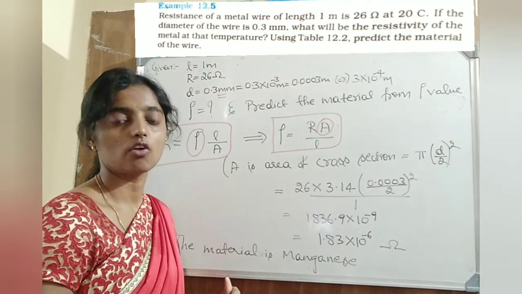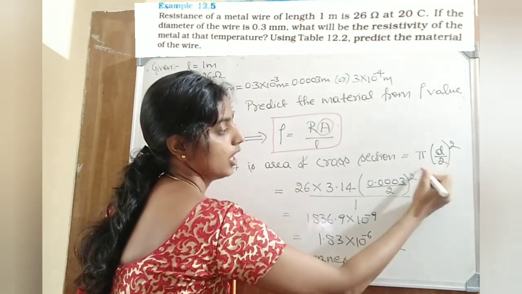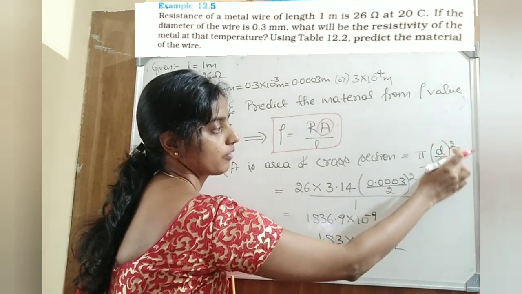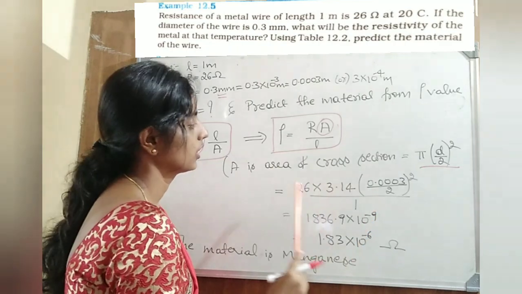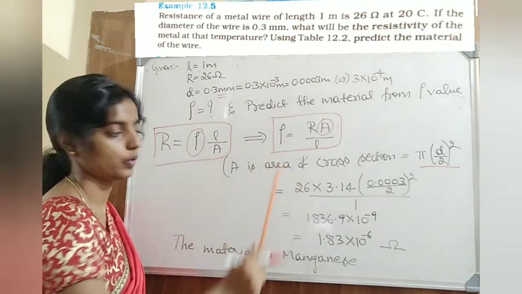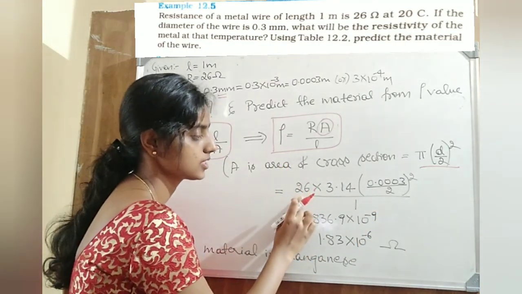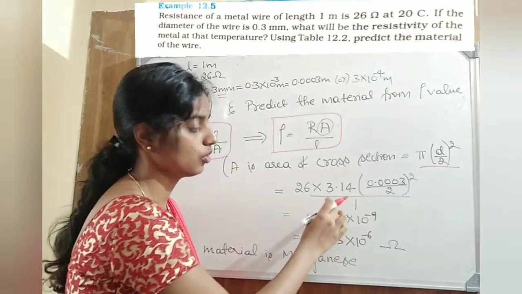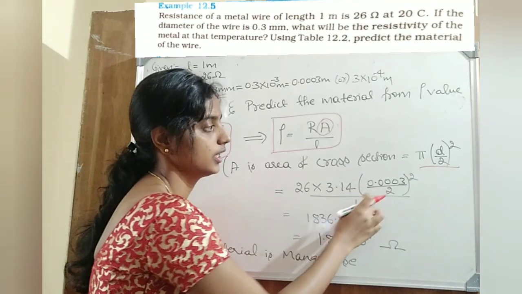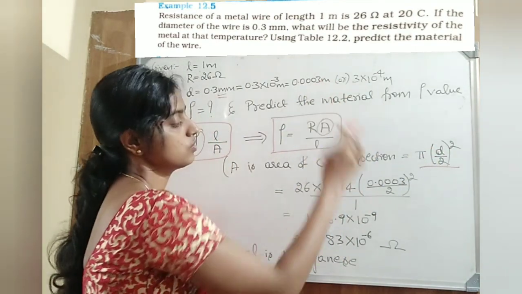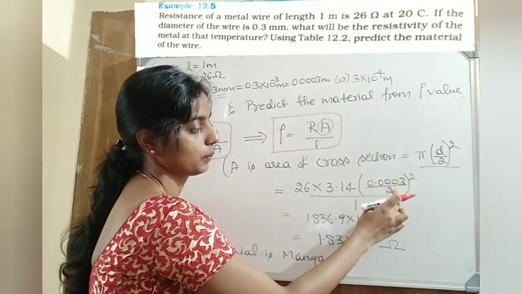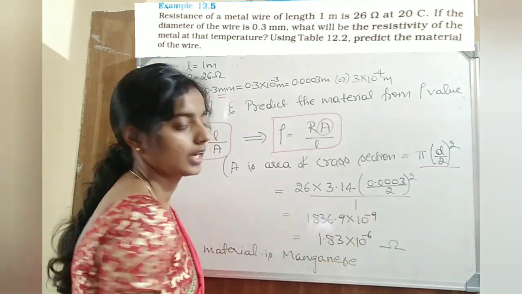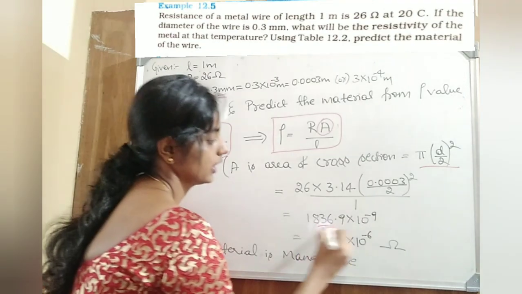It is the area of cross section given by the formula pi into d by 2 to the power square. Now substitute all the numbers in this equation. We will get 26 into, what is the value of pi? 3.14 or 22 by 7. Then d is, I have taken this value 0.0003, divided by 2 to the power 2, and length is 1. Calculate and we will get this answer.